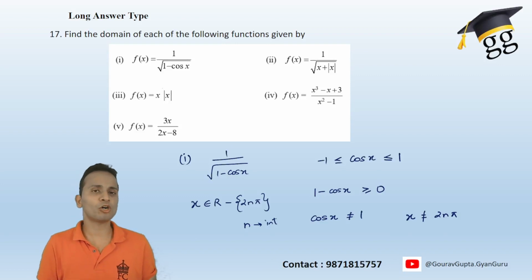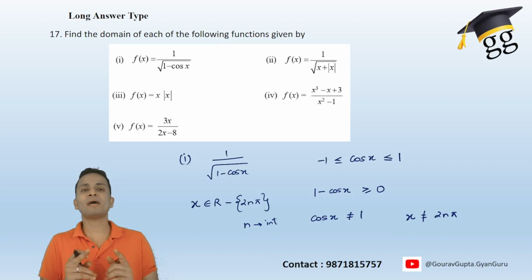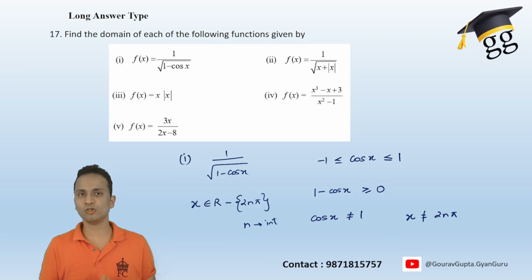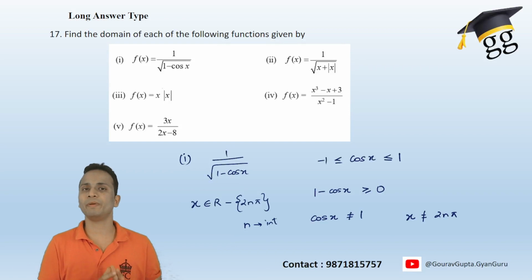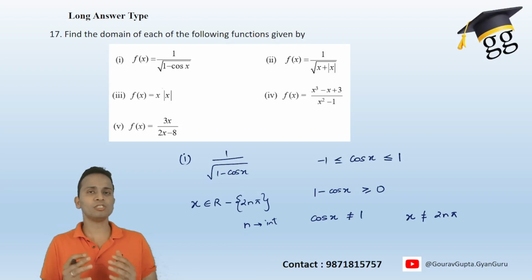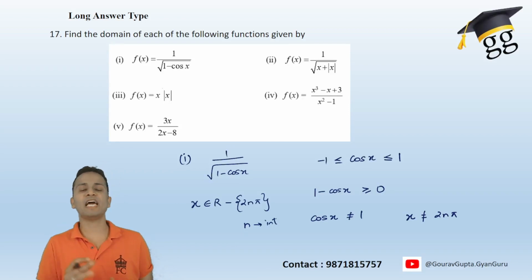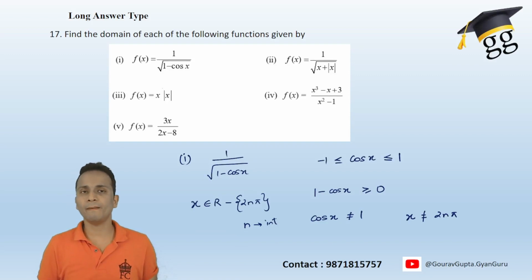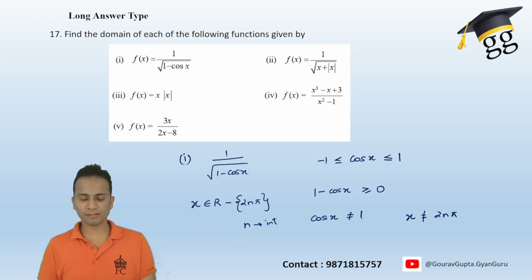If the value of cos x is equal to 1, then 1 minus cos x will become 0 and the denominator of this function will become 0 and this function will not be defined. So 1 upon 0 form is not defined. That is why we have removed all the values of x which are of the form 2n pi. So that is the first one.